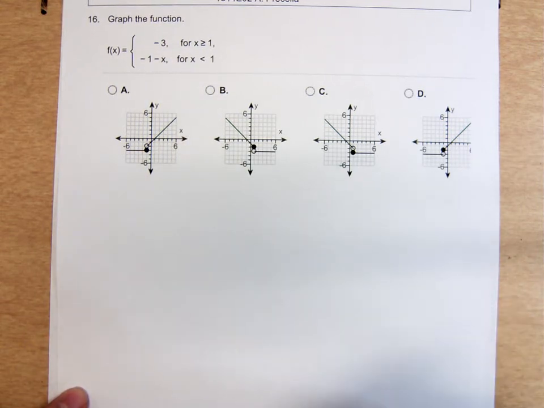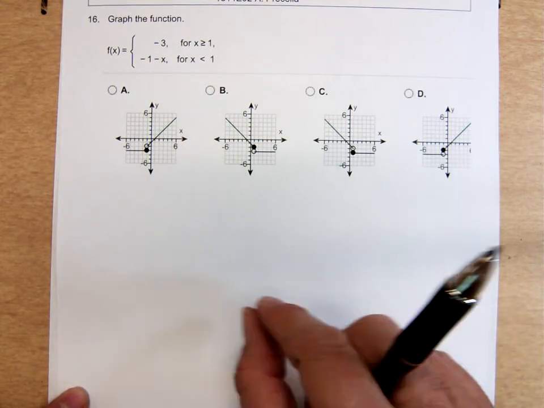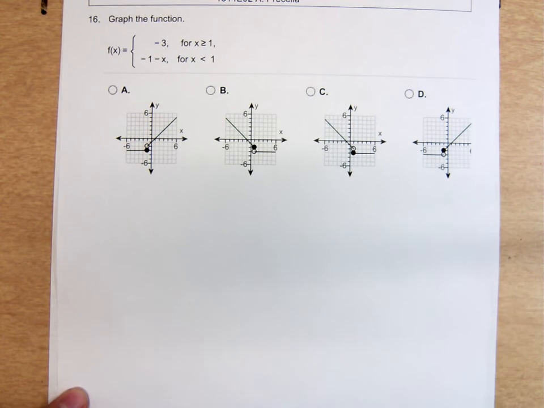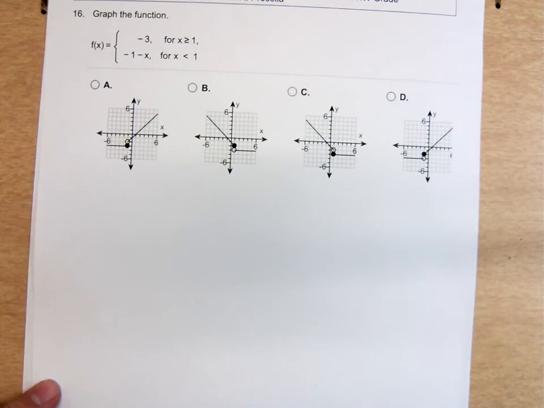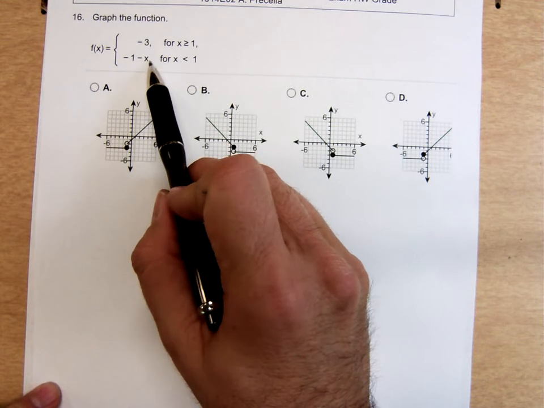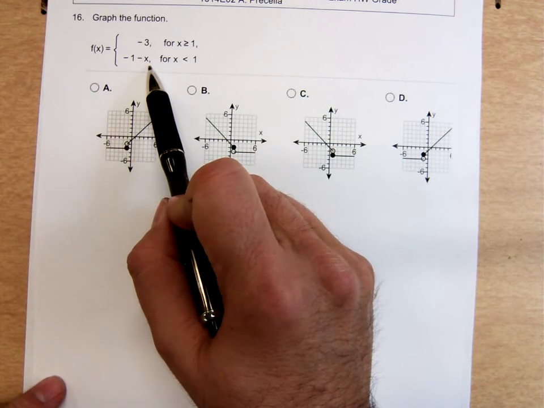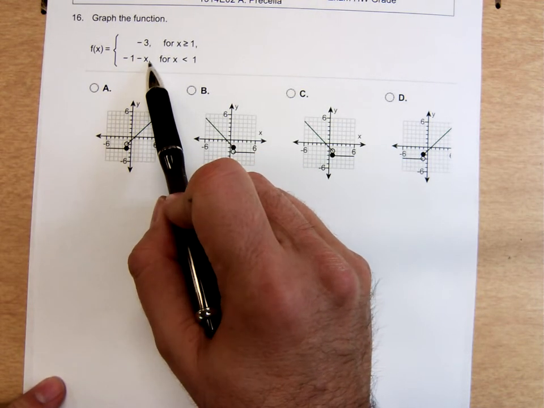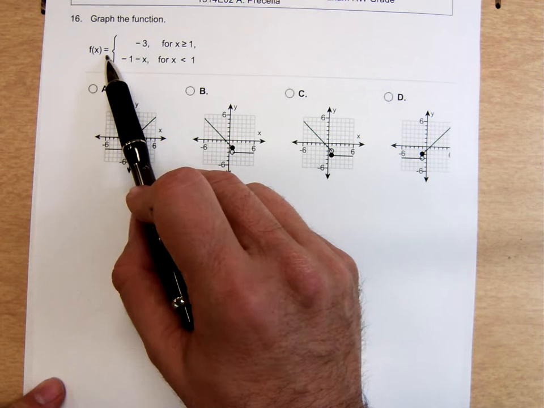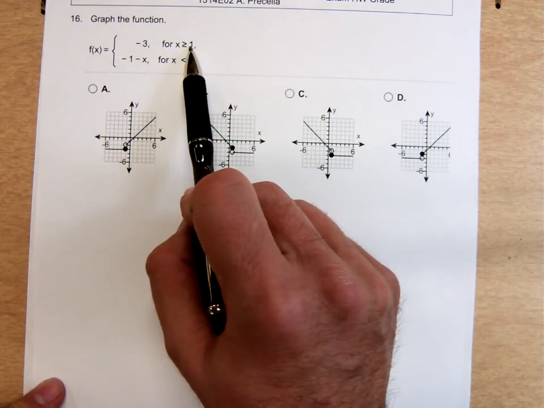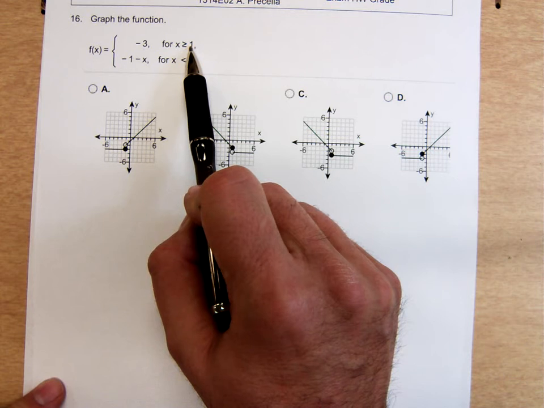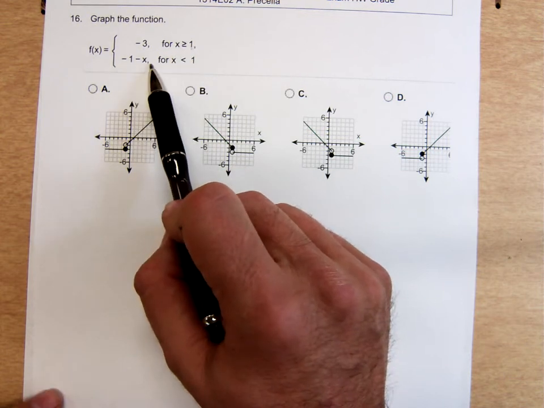You can actually start drawing it out, or you can just analyze it looking at this. One of these pieces is a constant function. A constant function doesn't have any x's in the rule. The function is f of x equals -3 for x is greater than or equal to 1, and -1 minus x for x is less than 1.